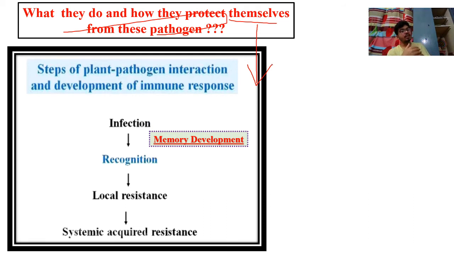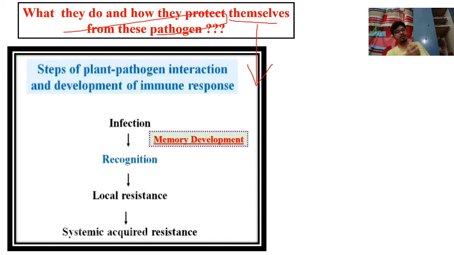So infection leads to recognition, and recognition will try to inform the plant through local resistance. This is called induced systemic resistance. And another thing: when local response also does not work, the plant would like to respond in a more specific way, that is called systemic acquired resistance.